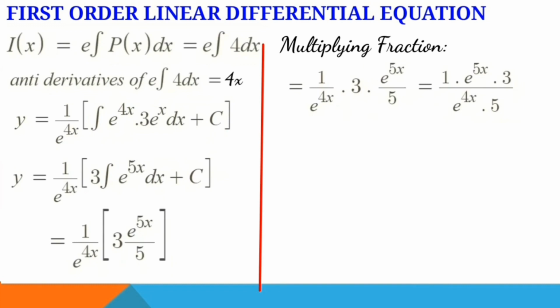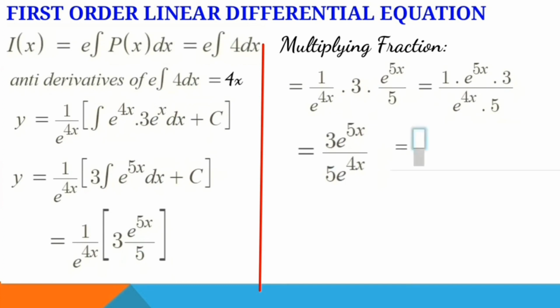So we have 3e raised to 5x over 5e raised to 4x. When dividing two things with a common base, we need to subtract the exponents. So it should be 5x minus 4x.